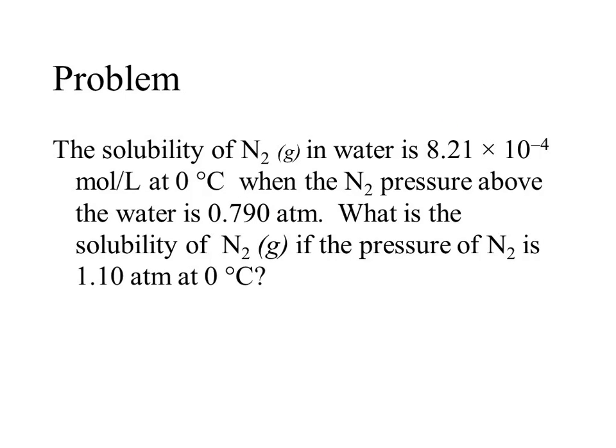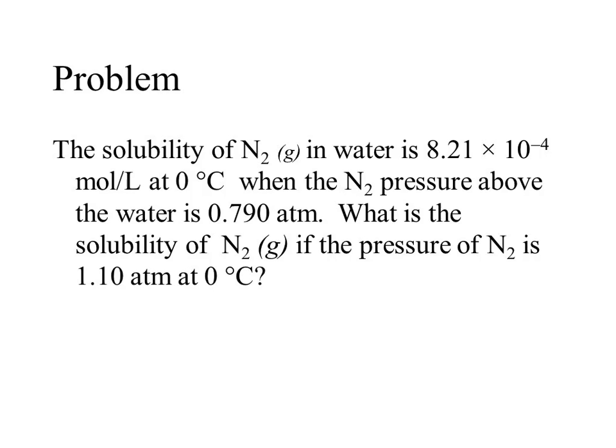They tell us that at 0 degrees, and actually a headspace pressure of 0.790 atmospheres of N2, the partial pressure of 0.790 atmospheres, the solubility of N2 is 8.21 times 10 to the negative 4th moles per liter. So basically they're giving you a pair, they're giving you a C, and they're giving you a P, a partial pressure.